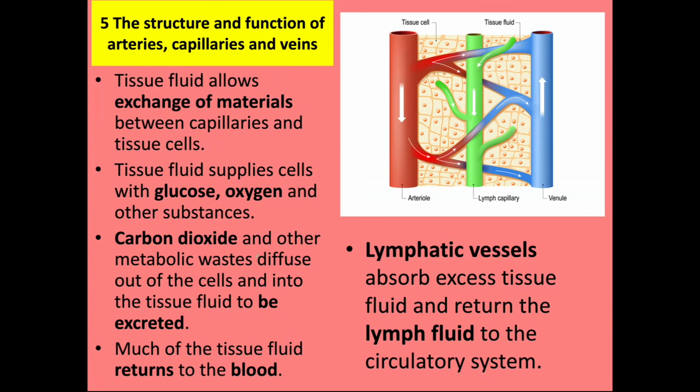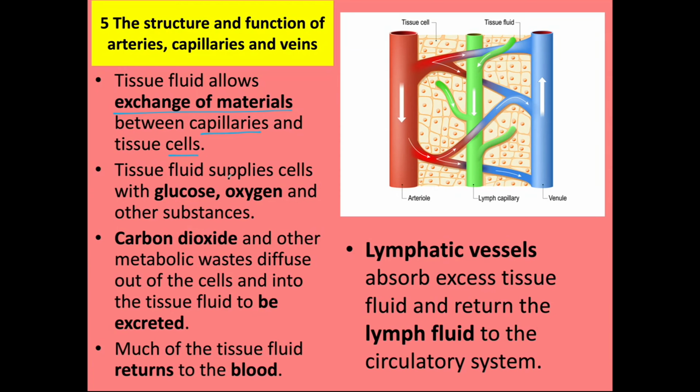Now, tissue fluid is so important. This surrounds our cells, it bathes our cells, and it allows us to exchange gases and nutrients and so on very easily between our blood vessels, our capillaries, and the cells. So the capillaries and the cells are able to exchange materials.